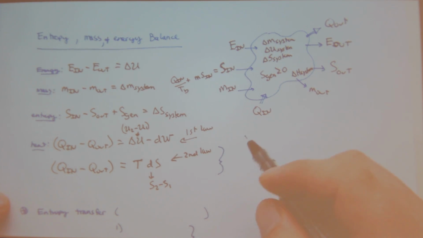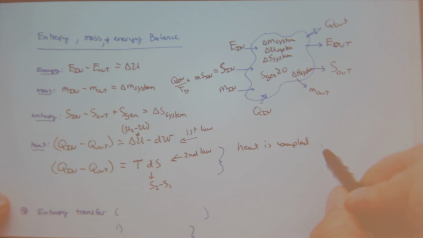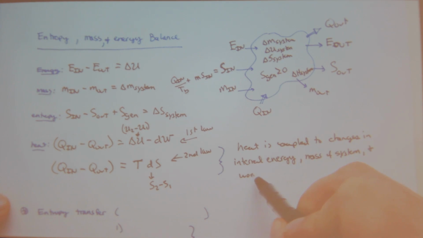So end story, heat is coupled to changes in internal energy, mass of system, well, not necessarily mass of system, but I guess mass of system, and work done, and entropy.